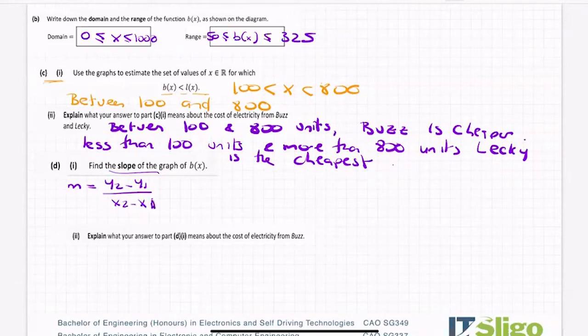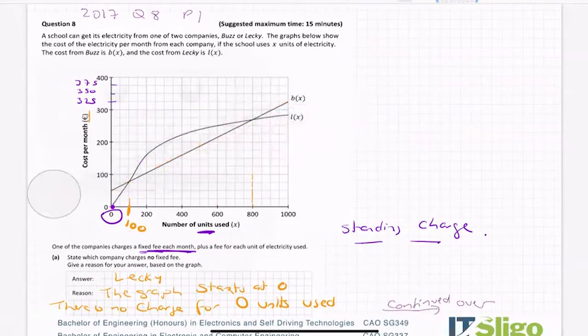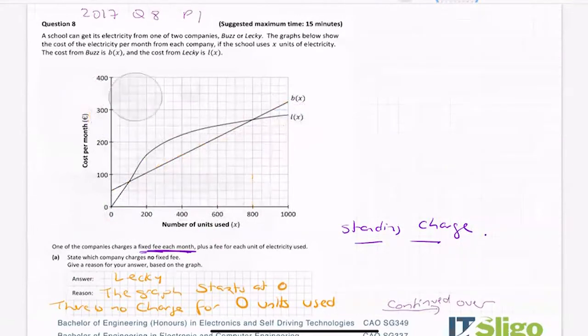So to do this, don't I need 2 points? They didn't give you any points, but you are free to read points off the graph, any points that are easy to read off. So I'm just going to delete my thick lines here so that we can accurately read off points.